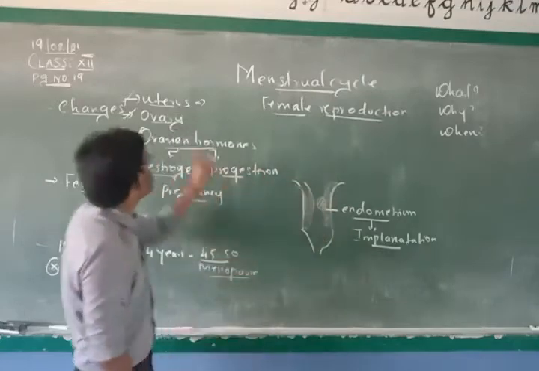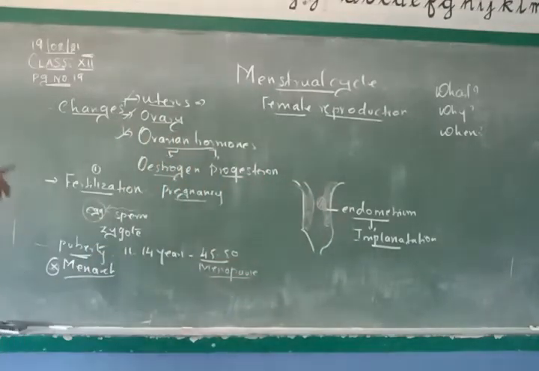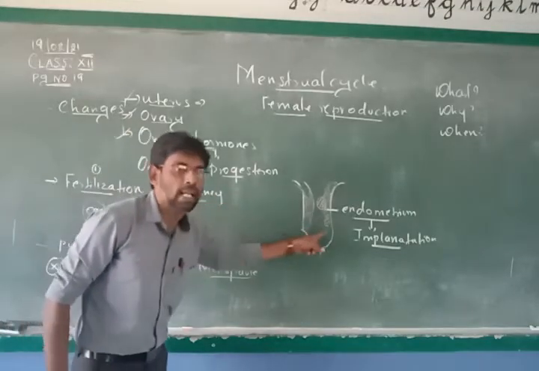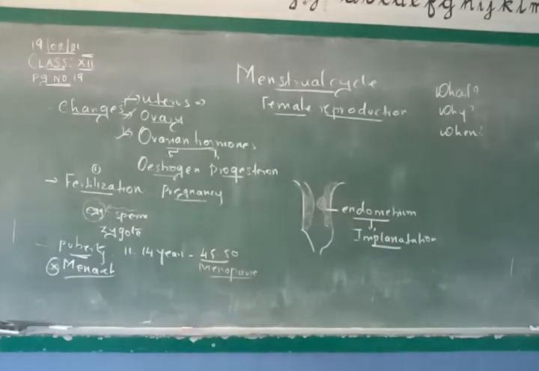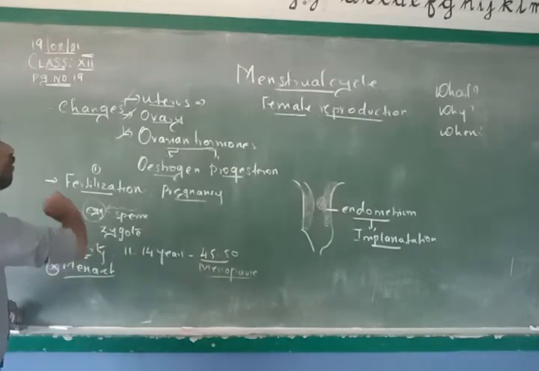That is the change that takes place in the uterus. You understand now? It is because of the degeneration and regeneration of the endometrium. That is number one. Clear? Right. Second, the change that takes place in the ovary is nothing but the removal of the ovum.